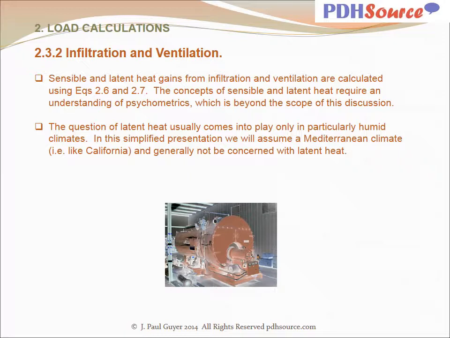And of course, in the cooling season during the summer, that outside air that you are bringing into the building is hot and has to be cooled down. So that's additional load that is part of your cooling load, and your equipment has to have enough capacity to cool that air down, as well as the cooling load due to transmission and solar heat gain through the glazing.